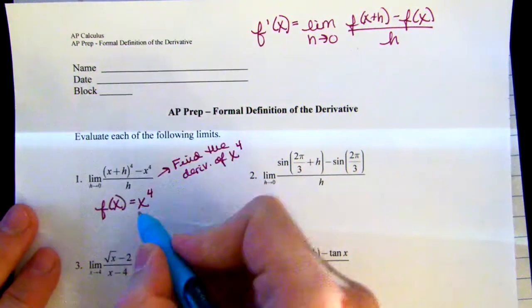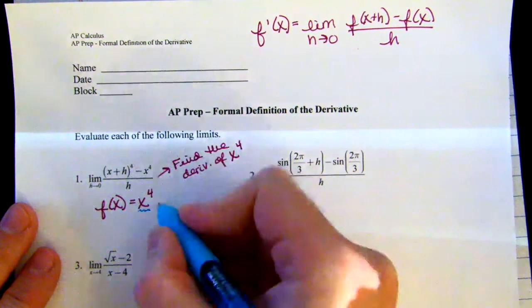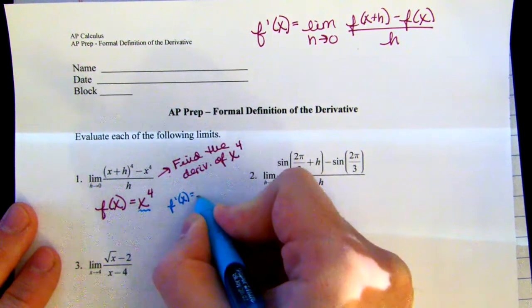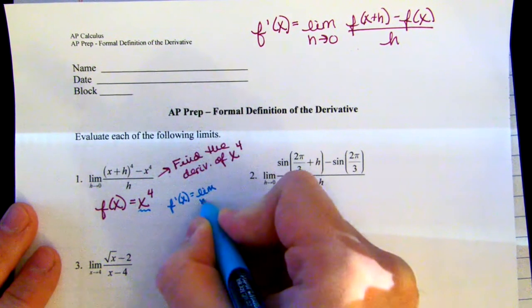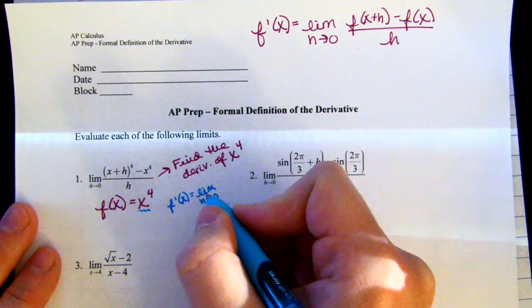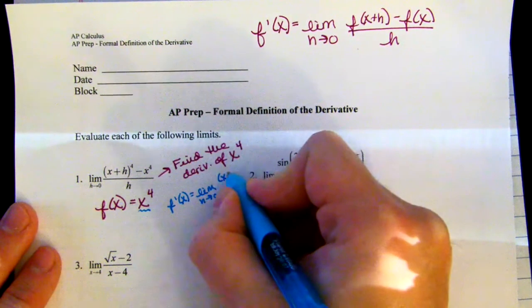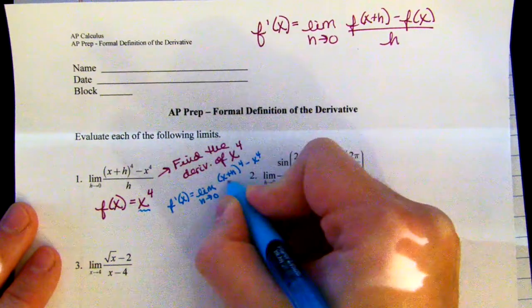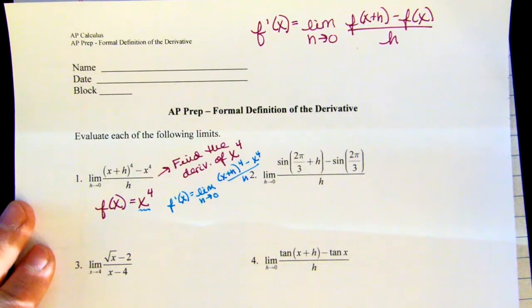If you don't believe me, if we said f of x equals x to the 4th, then I can use that formula, f prime of x equals the limit as h approaches 0 of f of x plus h, that's x plus h to the 4th, minus f of x, that's minus x to the 4th, over h. That's exactly what I'm getting over there.